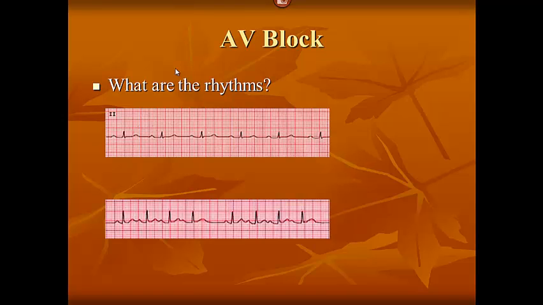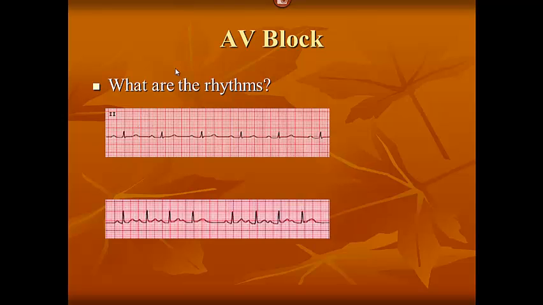So there will be a greater distance between P waves and QRS complexes, indicating that there is a delay in ventricular depolarization as well. So the main description for first degree AV block is that the PR interval will be prolonged but constant.